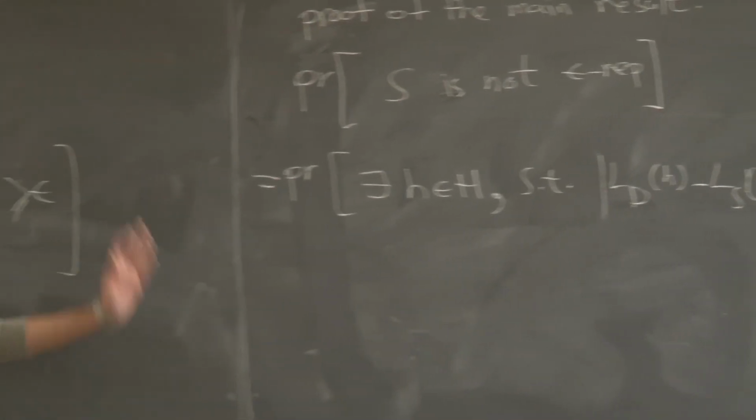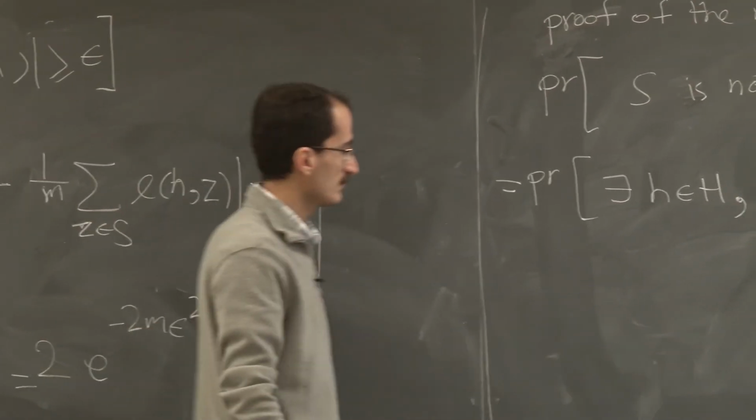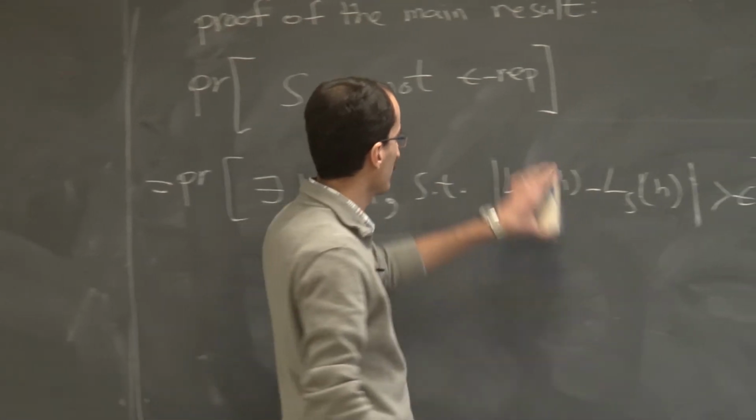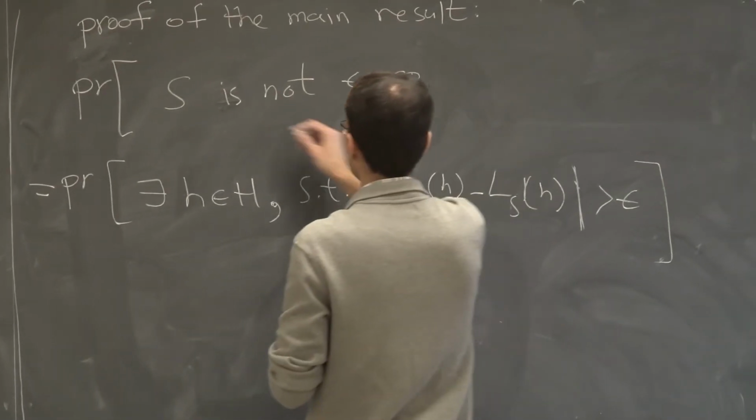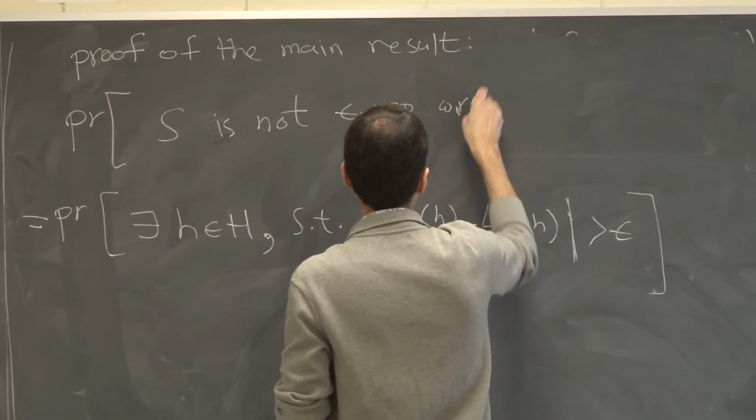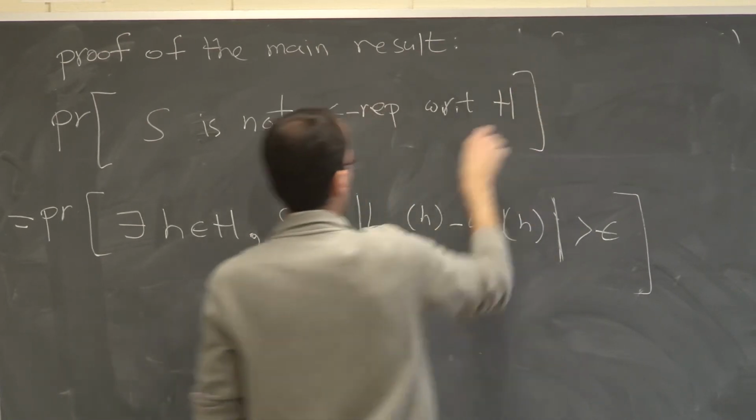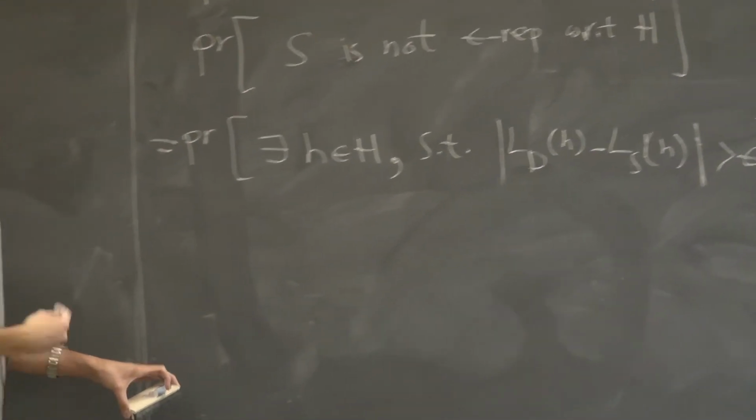That's the definition of epsilon representative. So to be more accurate, let's write H here: S is not epsilon representative with respect to H. Right? So I just wrote the definition.